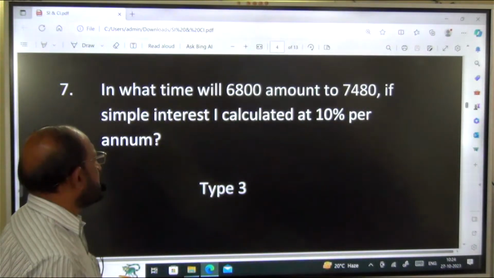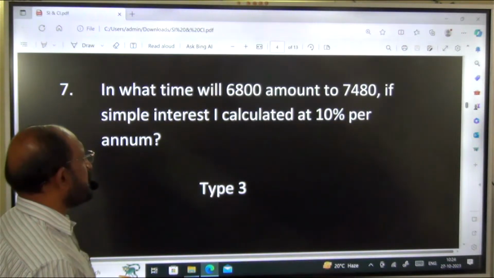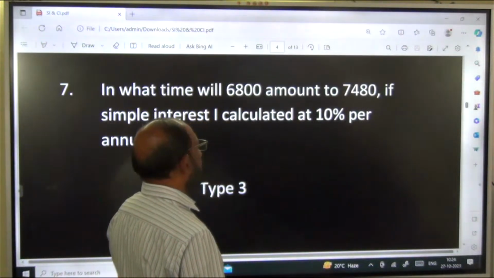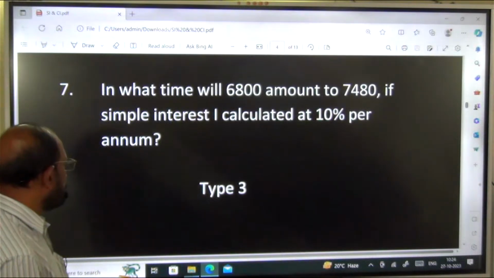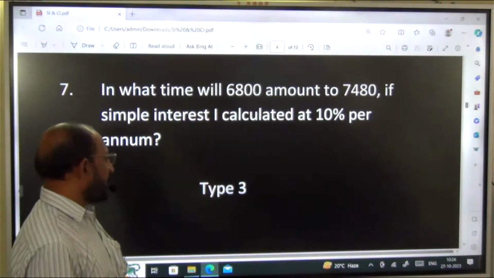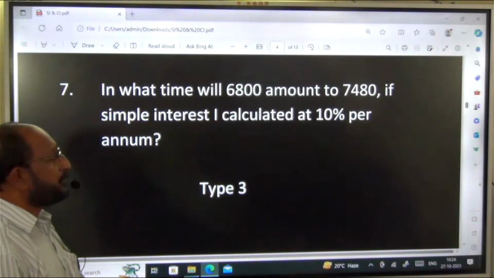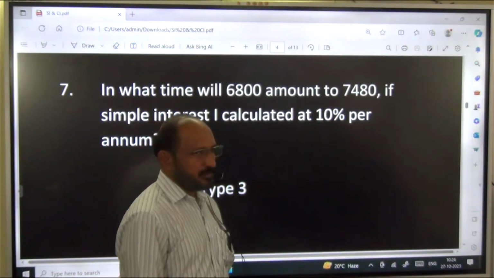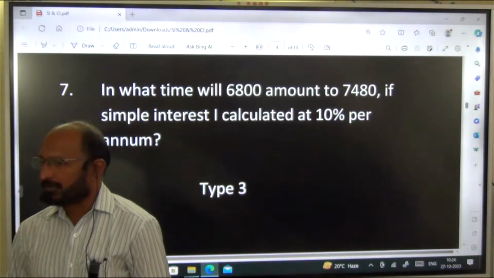In what time will 6,800 amount to 7,480 if simple interest is calculated at 10% per annum? In what time, meaning we have to find the time. Amount is given and principal also is given.